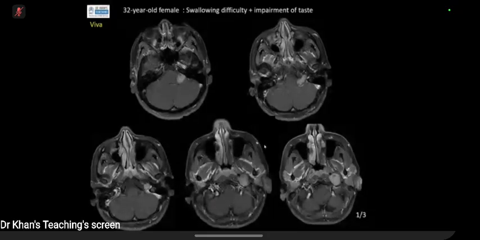So we've got axial sequences through the lower part of the cranium. And so T1 post-contrast, post-gadolinium images, selected sequences. And I can see that within the left posterior fossa, there is an enhancing lesion. And I'm just going to interrogate the other images.